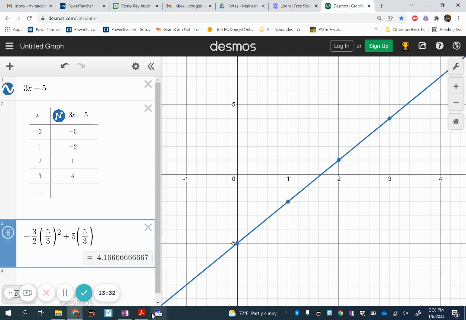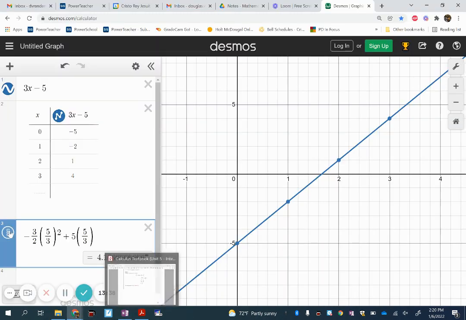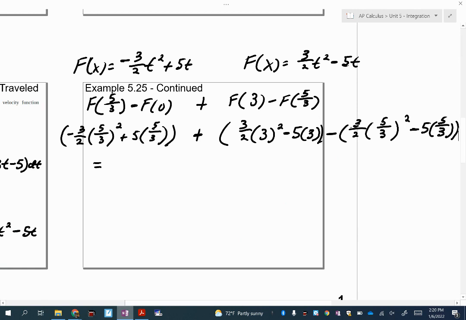Make sure I got the right stuff. Great. You can put that as a fraction if you want, or a decimal, your choice. I got 4.16 repeating. So I'll write that down, 4.16 repeating.